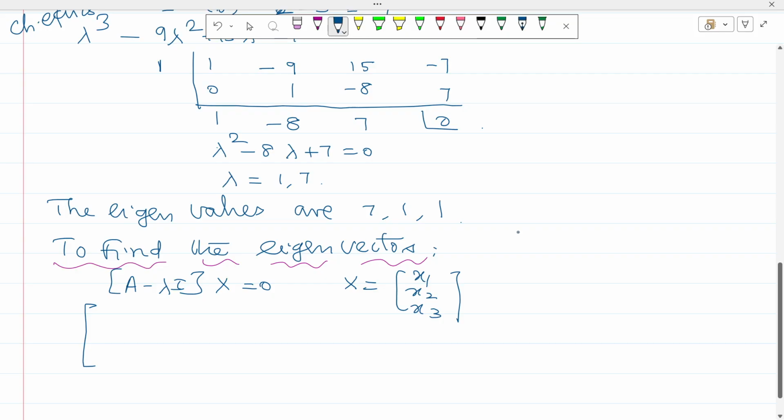A is given, A equal to, I am writing here, [2 1 1; 2 3 2; 3 3 4].